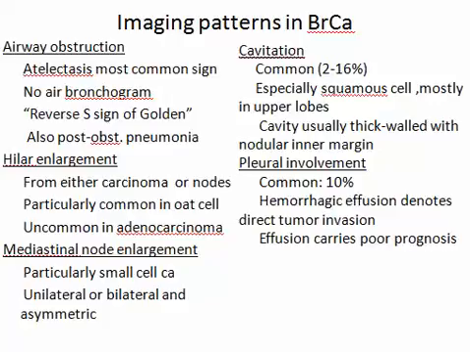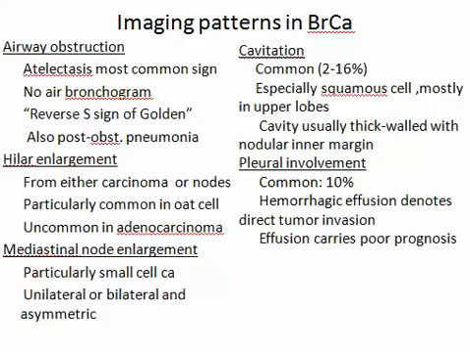We said that S sign of Golden is concerned with the fissure. If the fissure is shifted toward the lesion, that means S sign is positive. If the fissure is bulging around a lesion, this is called reverse sign of Golden.